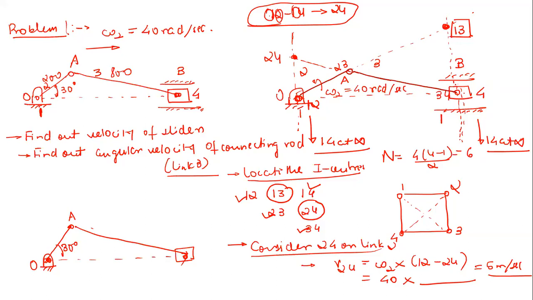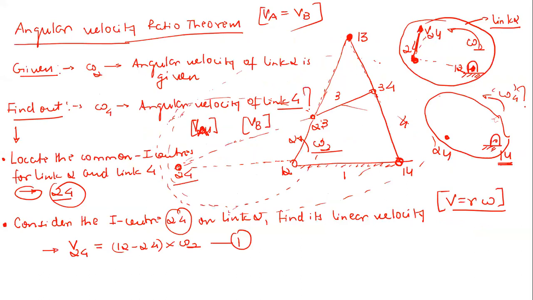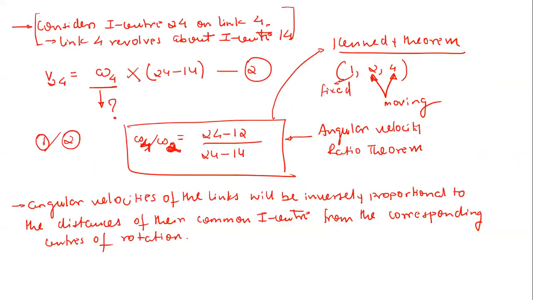What should be our next step? It's very obvious. I think just tell me quickly. So what we did in the angular velocity ratio theorem here. One time I considered 2, 4 on link 2. Another time I considered it on which link?